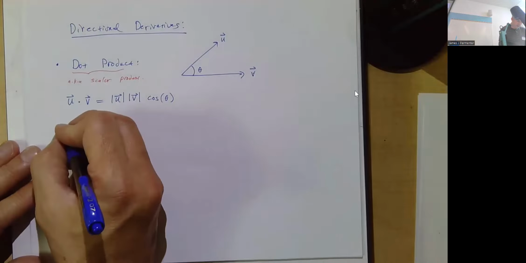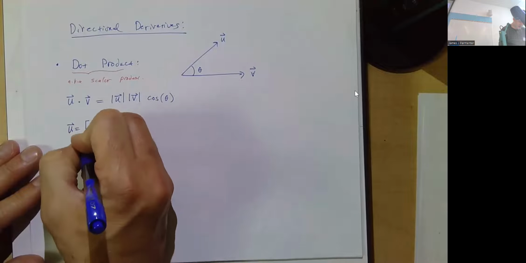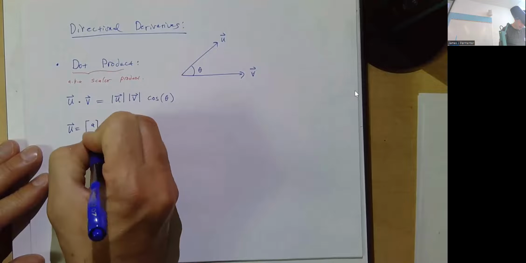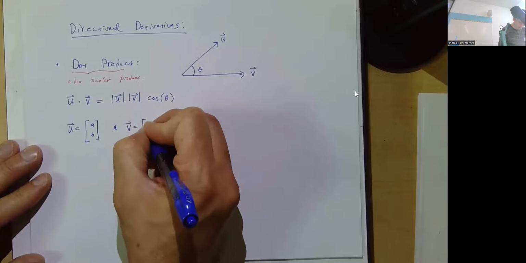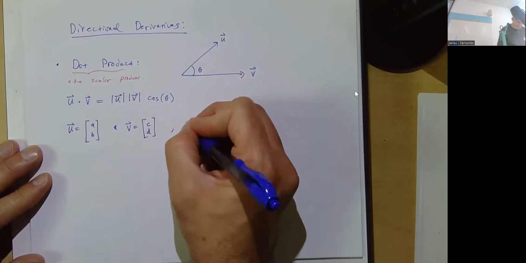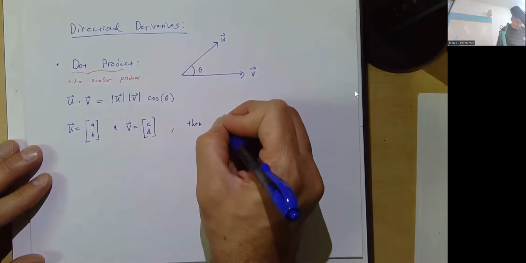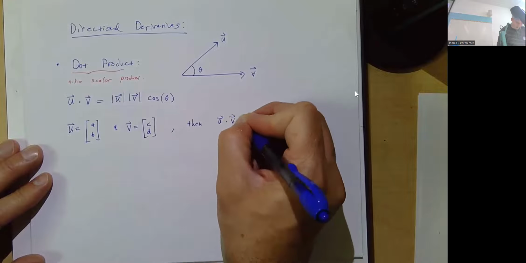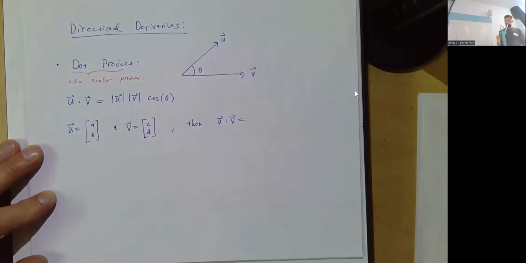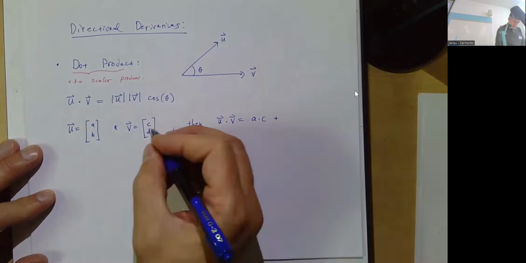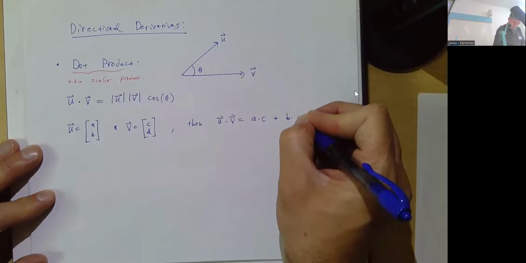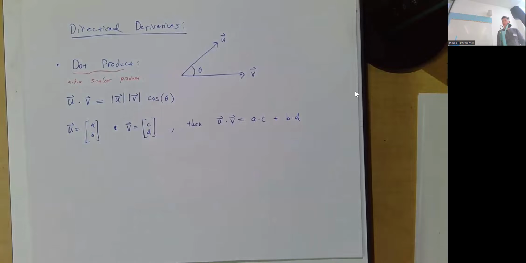So for example, if u is equal to the vector AB and v is equal to the vector CD, then calculating u dot v is just multiplying the corresponding components of the vectors together and adding up the results. So A times C plus B times D. That is how you take the dot product of two vectors in the easier way.